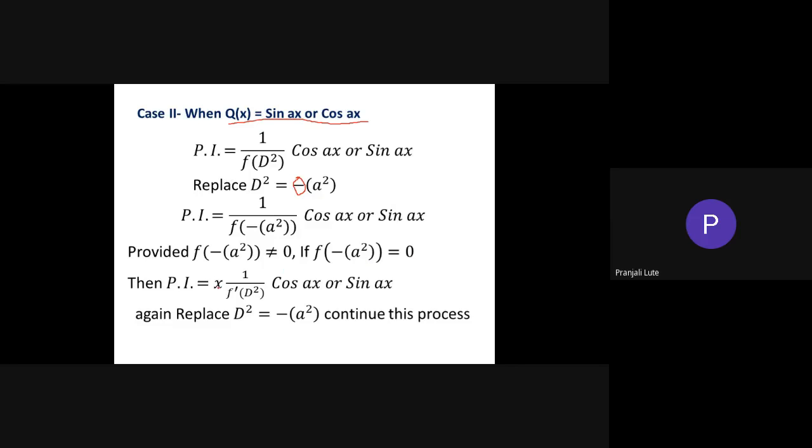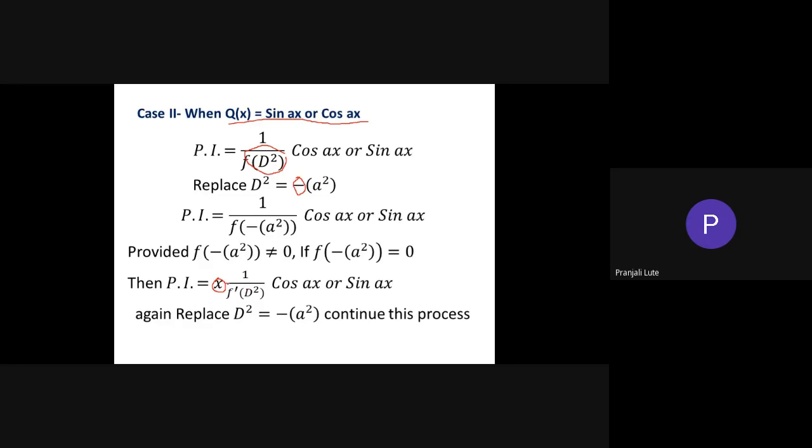So at that time, just like the previous case, multiply by x and take the derivative of the denominator with respect to D into right hand side cos x or sin x. Again replace D square by minus a square.